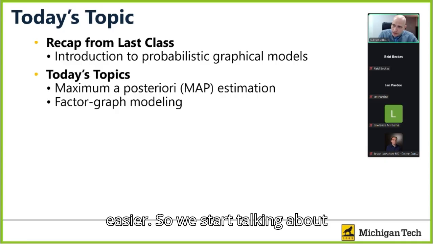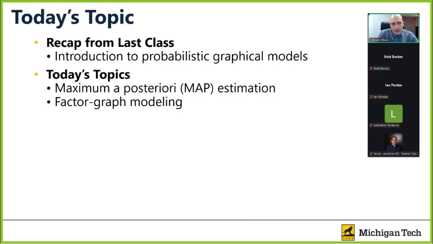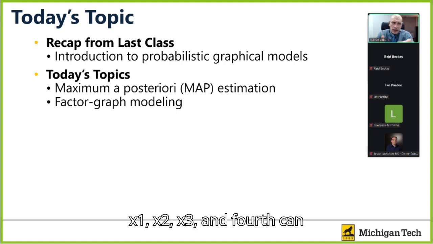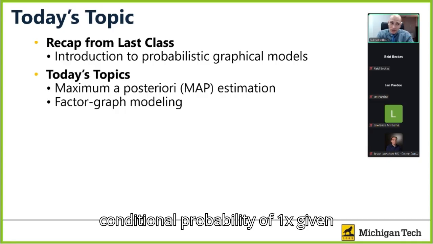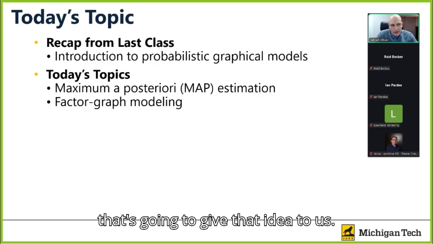So we started talking about Bayesian net or Bayesian network. We said conditional probability, joint probability like P of x1, x2, x3, and x4 can break down to a product of conditional probabilities, the conditional probability of each x given their parents. So that gives us that idea.